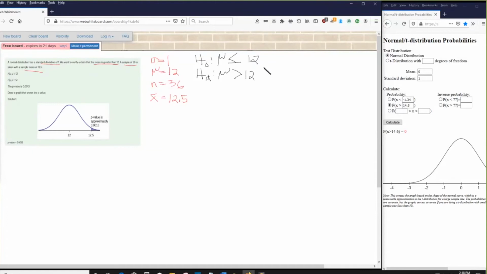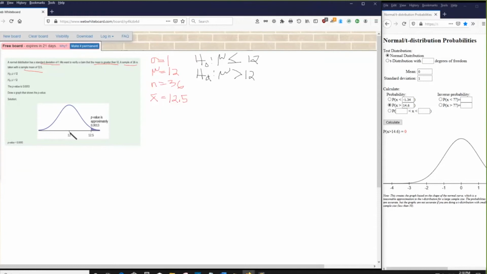Okay, so now we've been given all of our data. On our little picture, as you can see here, they've already drawn that picture.